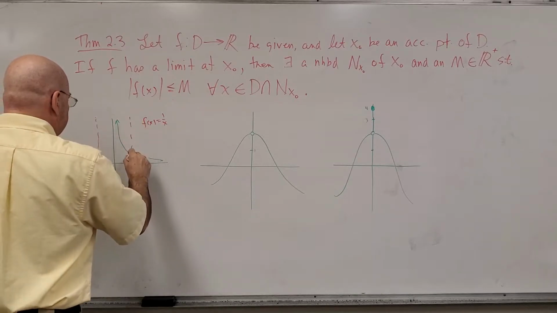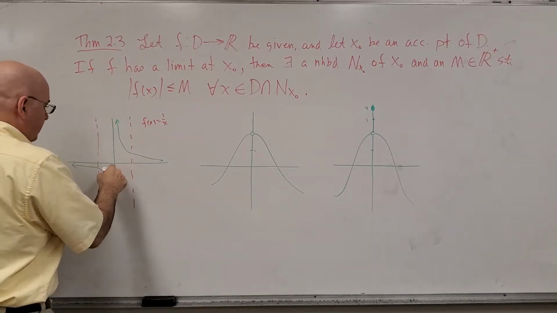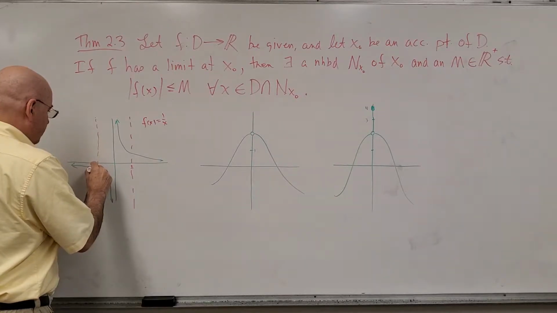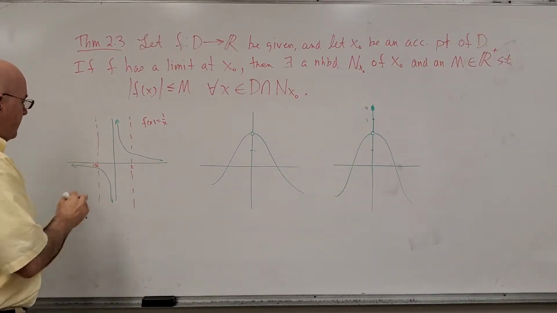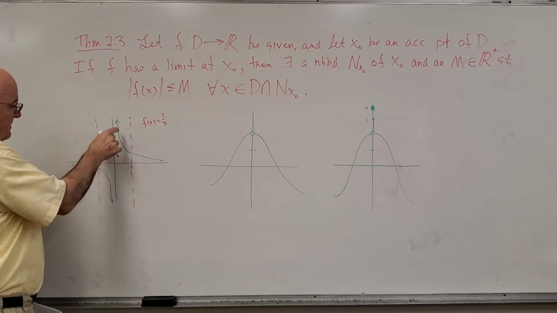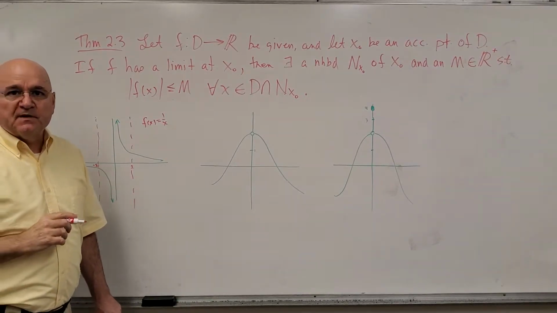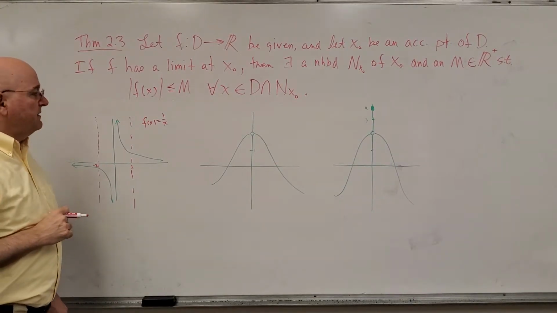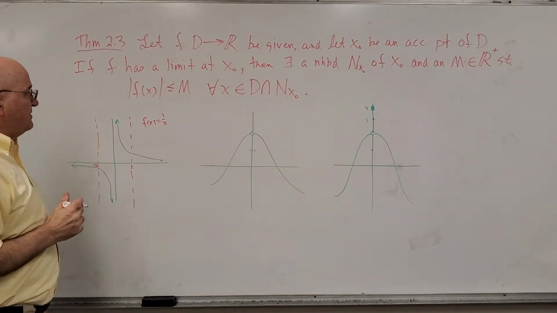If I took something like 0 plus 1, 0 minus 1, which is just 1 and negative 1, in this region the function is unbounded. And the reason is the limit does not exist at x naught equals 0.